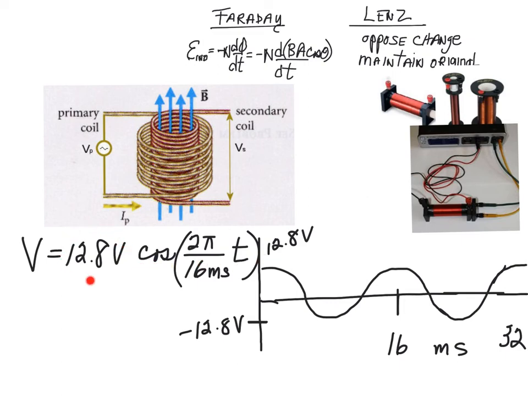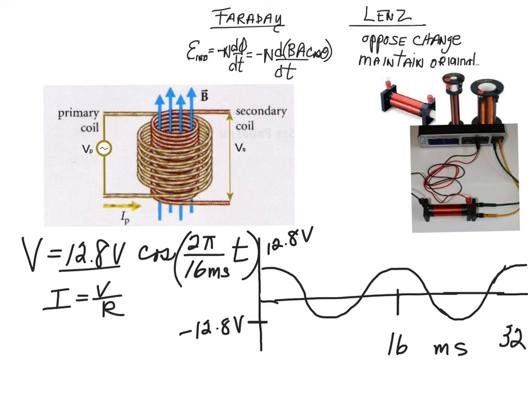And so this is the maximum value, as this varies between 1 and -1. So this is the input voltage here. And as this oscillates, it means that the current is going to oscillate, is going to follow it, because the current is simply the voltage divided by the resistance.